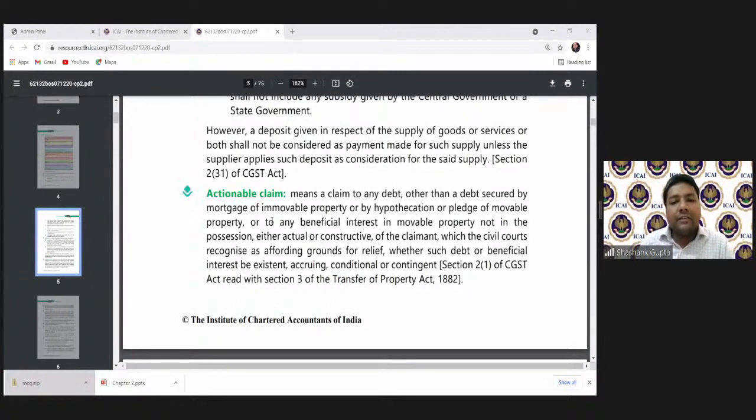And then it says, which the civil courts recognize as affording grounds for relief, whether such debt or beneficial interest be existent, accruing, conditional, or contingent.